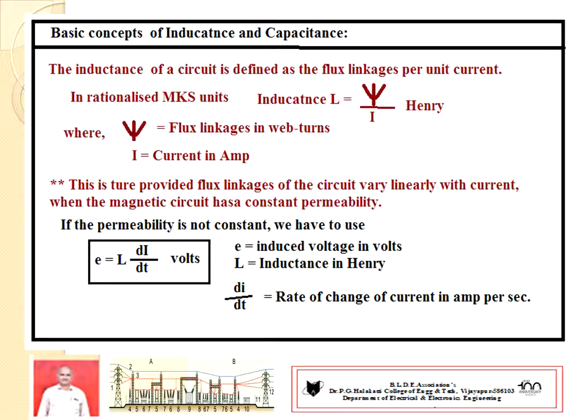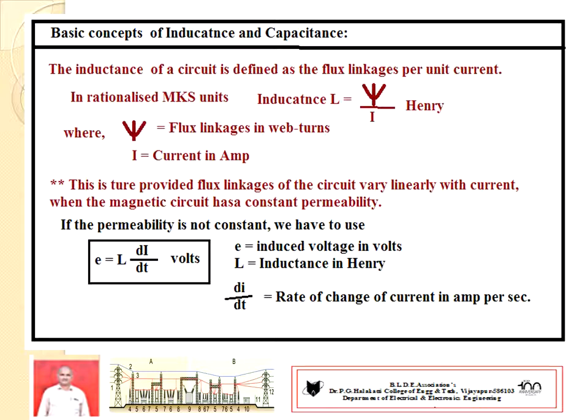And it is true, provided the flux density of the circuit varies linearly with current, when the magnetic circuit has a constant permeability. When a magnetic circuit has a constant permeability, the flux linkage varies linearly with current.